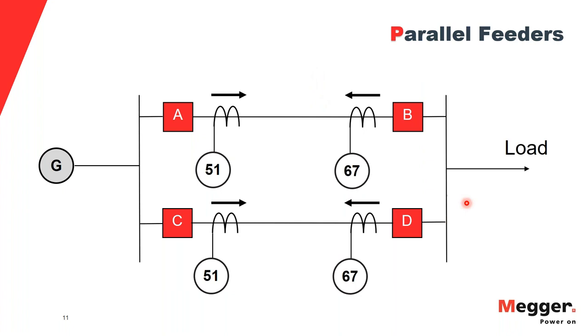67 is the ANSI standard for directional overcurrent protection, and 51 is non-directional overcurrent protection, right? If I have a fault here, the directional overcurrent protection has forward looking points and reverse looking points.